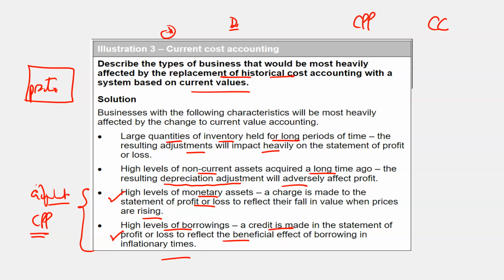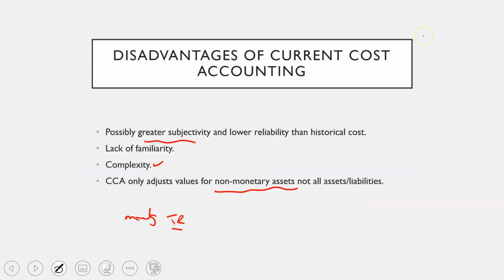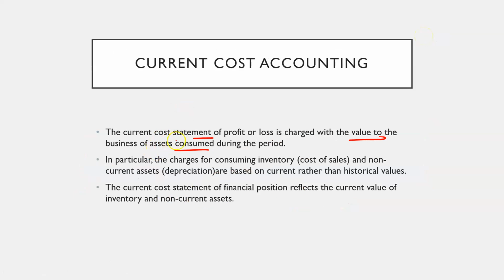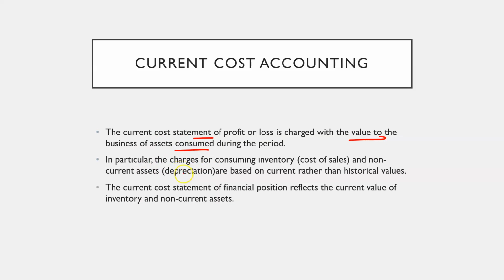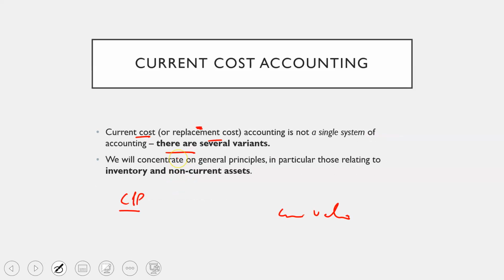So here we are. This is just talking about the current values in general. But remember, like I said, with current cost accounting we do not touch the monetary assets.